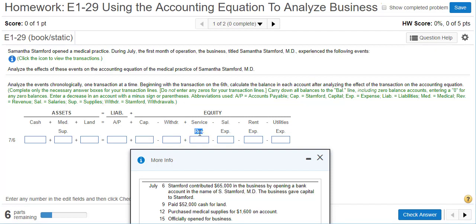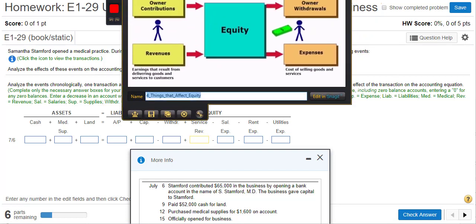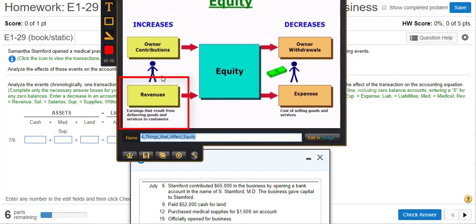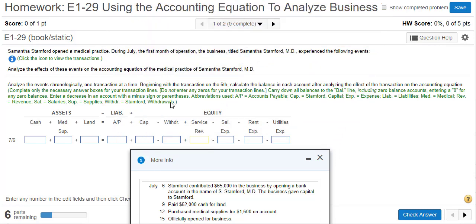Now REV stands for revenue, service revenue. So we'll use this box whenever we sell a service. How do revenues affect equity? Remember, this is the increase column, they increase equity. So that is why the revenue has a plus in front of it. And these three here, EXP, stand for expenses. SAL stands for salary expense. How do we know that? It tells us, in all these abbreviations up here, if we read them.